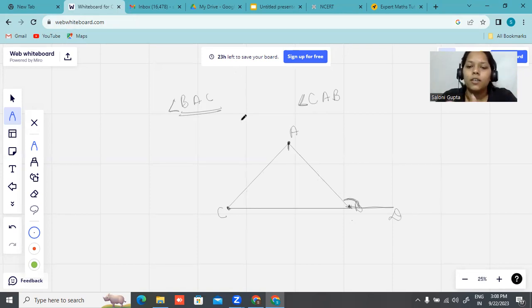And after that, there is one property related to this exterior angle. What is that?